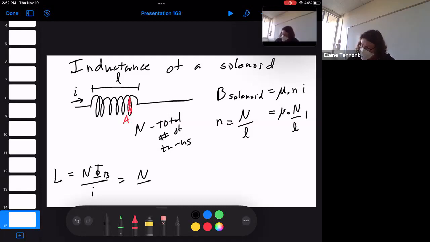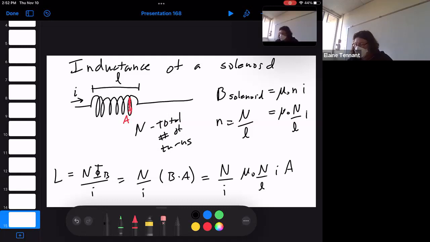Okay. Magnetic flux, that'll be B dot A. B, we are given: mu naught N over L times I. And A, I'm just going to keep as A for a moment.